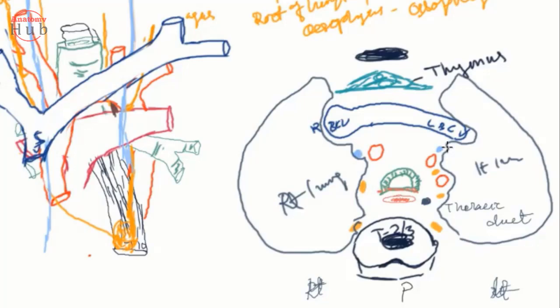Here also anteriorly the phrenic nerve, posteriorly the vagus nerve. And most anteriorly you'll find the brachiocephalic vein, and here is your thymus, right? So this is the coronal section view, and this is the transverse section view.